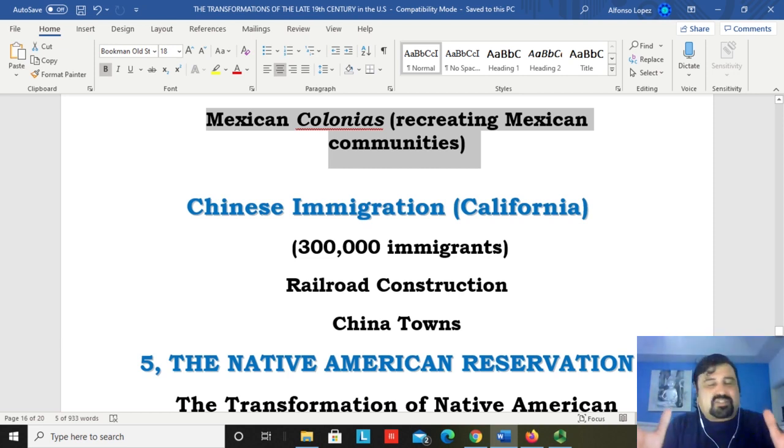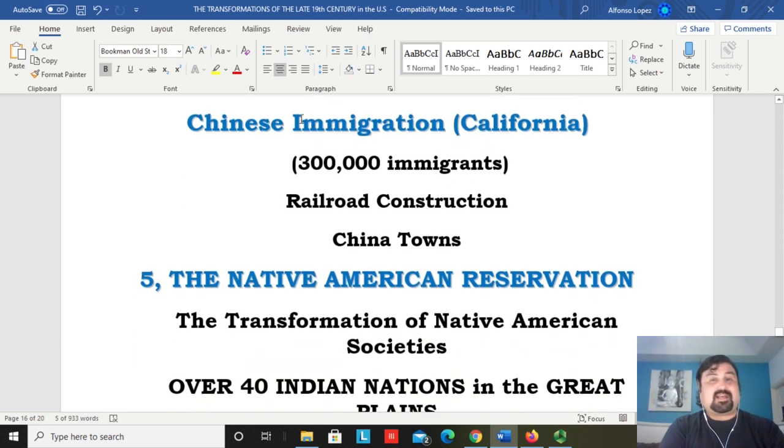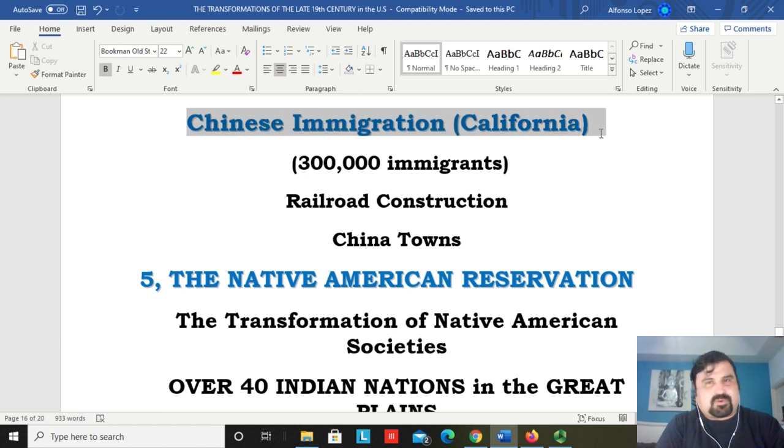They have herbalists, for example, herbalist doctors that heal with spells and all of that. This is what you will find in the United States. The creation was called a Mexican colonia, very prominent in places like Texas, California, and also New Mexico. It's very visible.